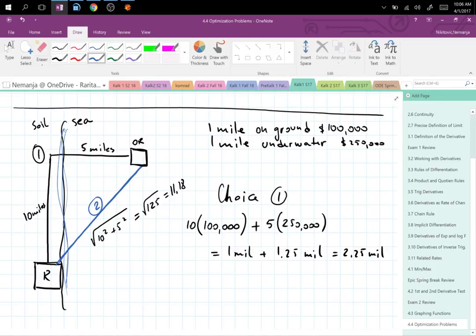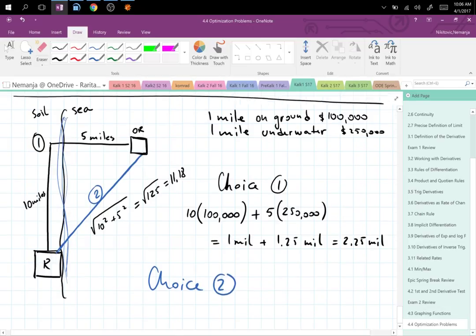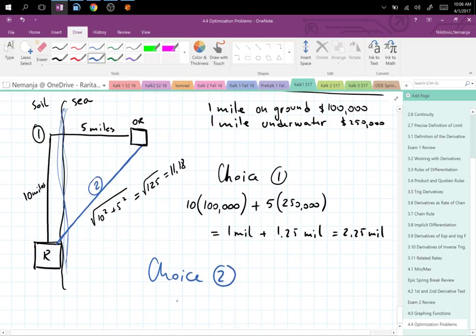Choice 2 is blue, and that's clearly all underwater. We have 11.18 miles to go, but it's all expensive piping.